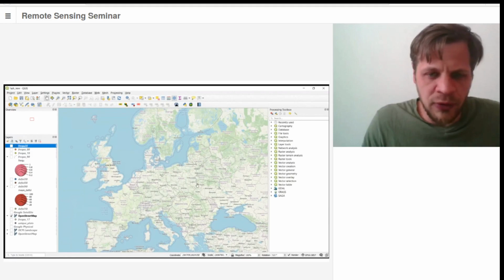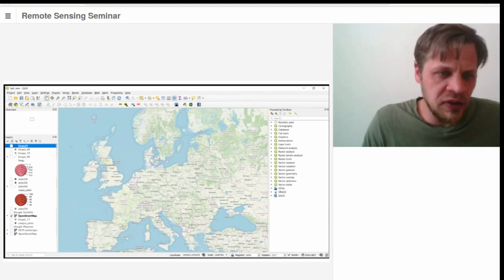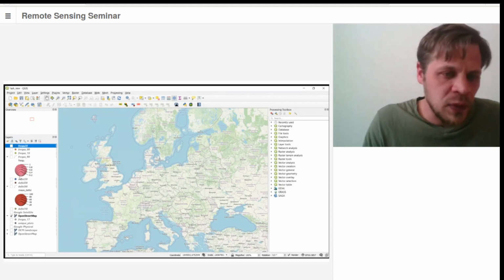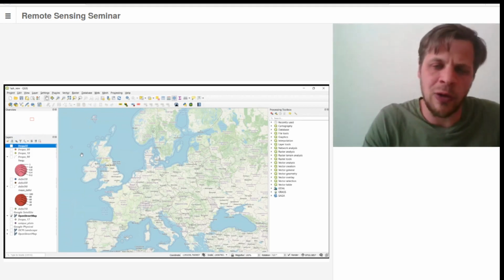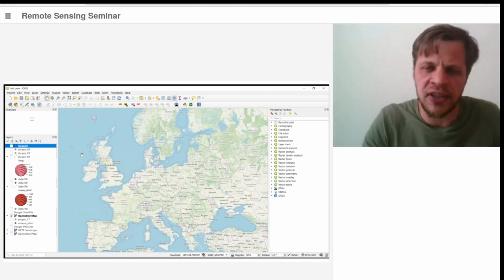So what you see is a map of Europe, and here you see this onion diagram, which shows you the mortality frequency. For instance, this little circle here means that in this location there's like 20% mortality, and so on. I compiled the data in a way that you can follow the mortality patterns in 10-year steps.